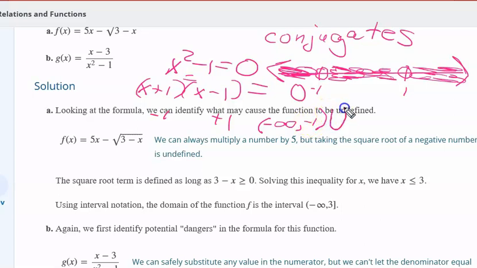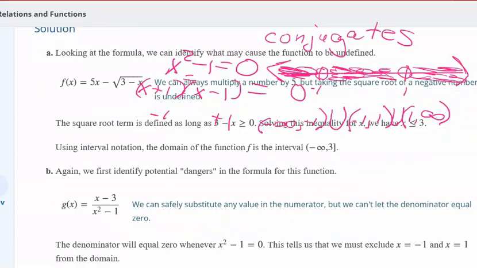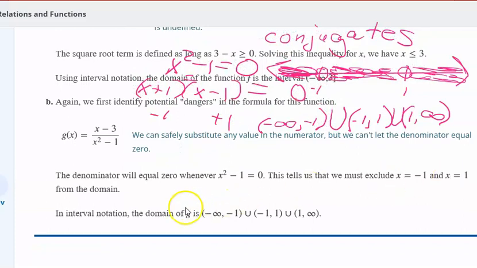And then this is in union. We're using the union symbol. And on this side, it starts on the other side of negative 1, goes up to positive 1. Again, a parenthesis because the 1 is not included. And then in union, starting with positive 1, the other side of positive 1, going to positive infinity. And I believe this is what they will show us down below.